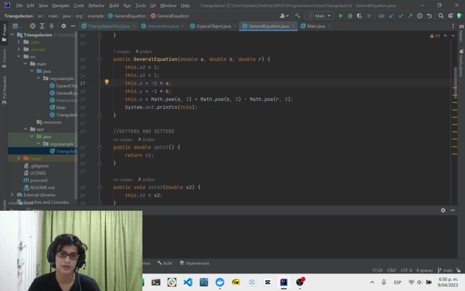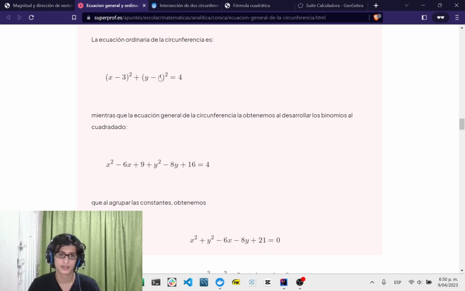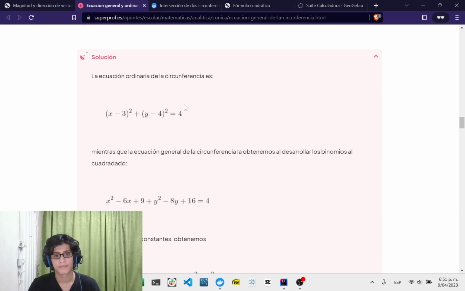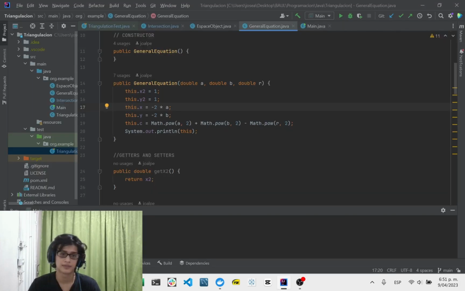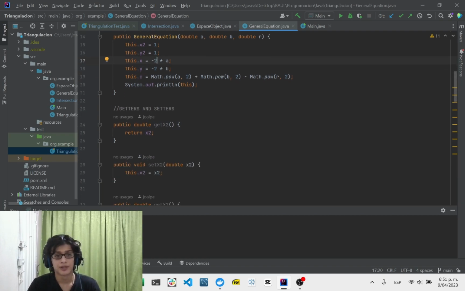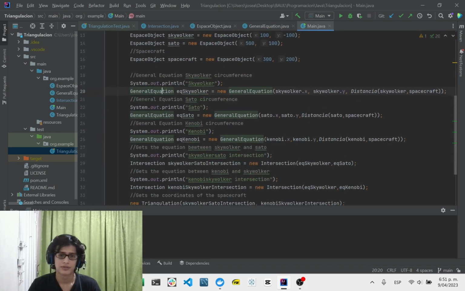So this is the operation, and C is only elevating this and this, and that's all. And then I add all the C's, that is this and this. Well, those are mathematical operations that you should know. With this I get the general equation of the circumference, so here I got one for every satellite.